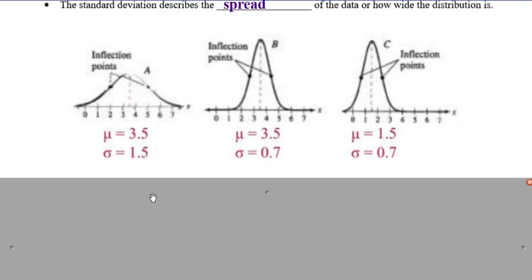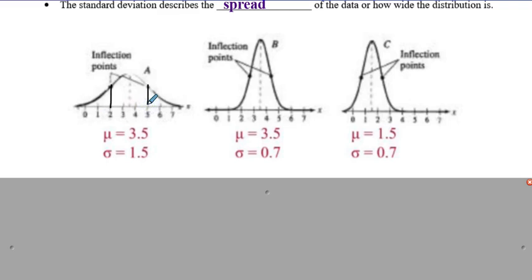So that dotted line is the mean, and that's the middle of the curve. The standard deviation is 1.5. So if you go out 1.5, you hit 5 and 2. That's where the inflection points are. And that's where you would draw the line that we've been drawing previously, like so.